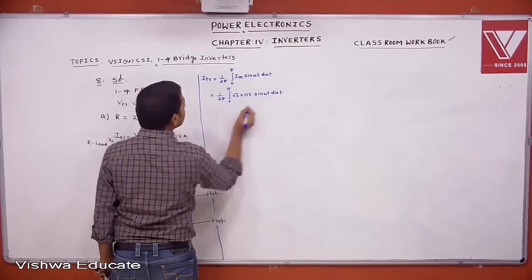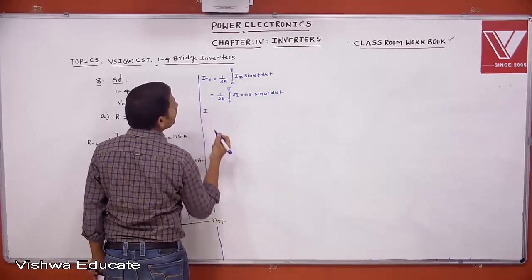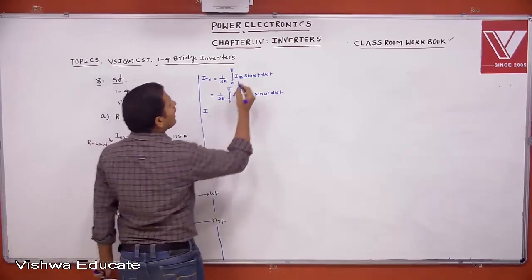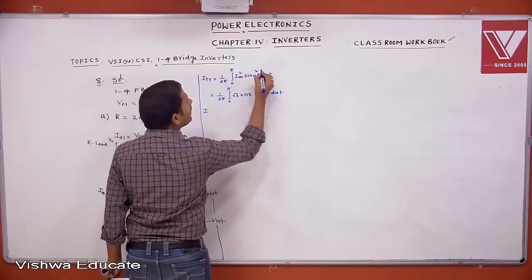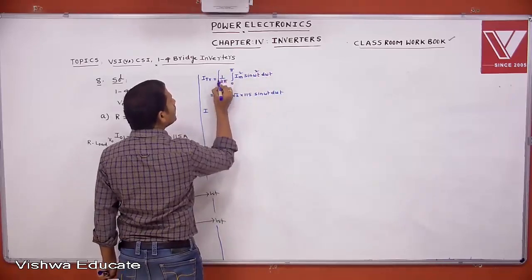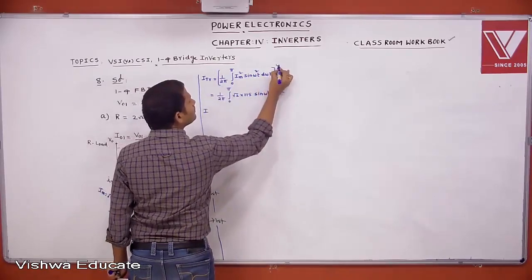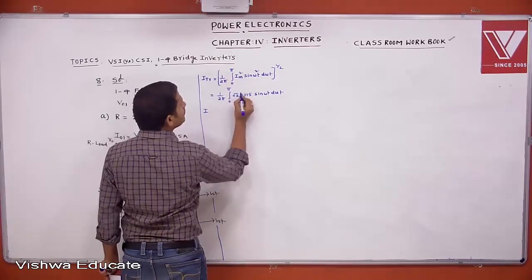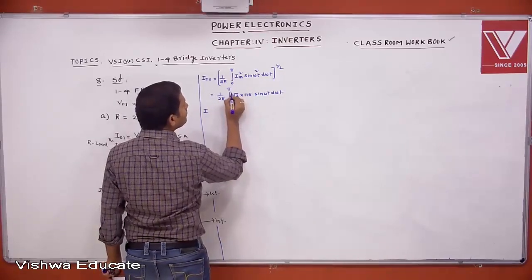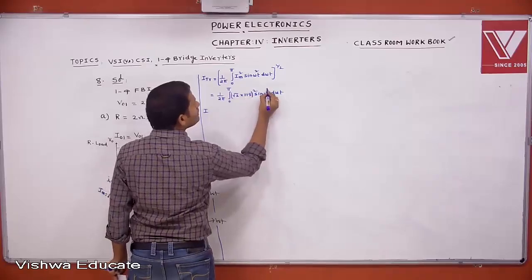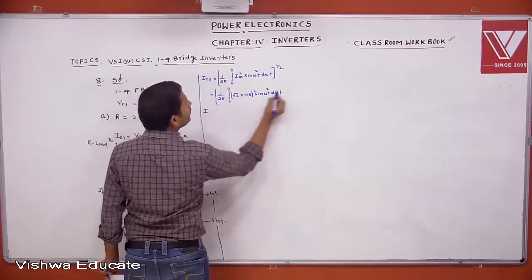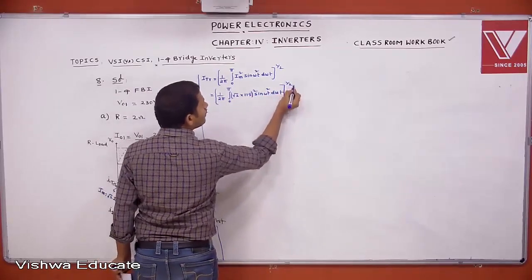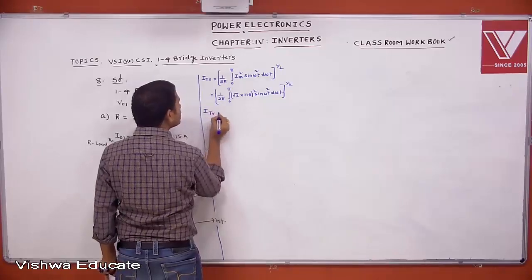Then integrate and substitute the limits. We get the RMS thyristor current as Im square sin square omega t d omega t whole to the power of 1 by 2. Then integrate and substitute the limits.